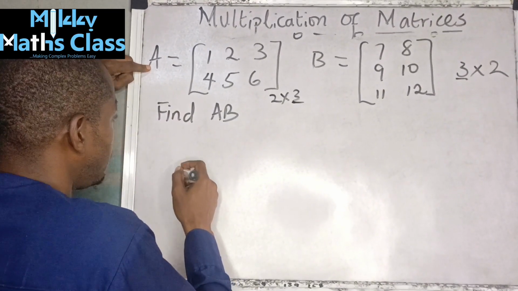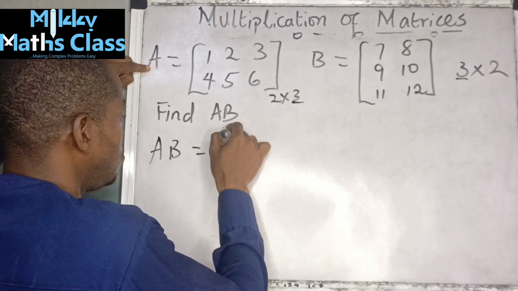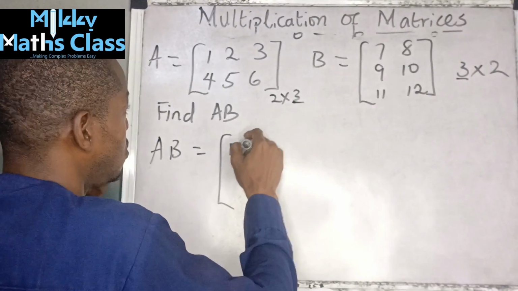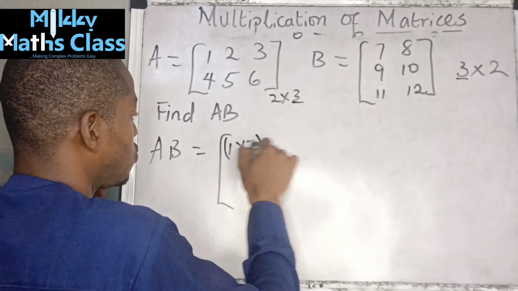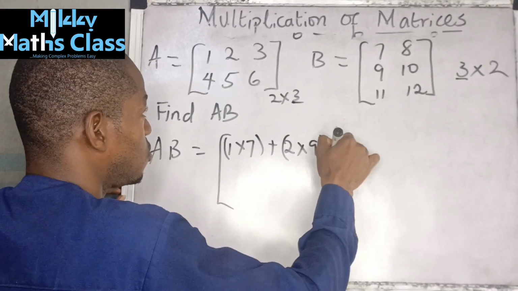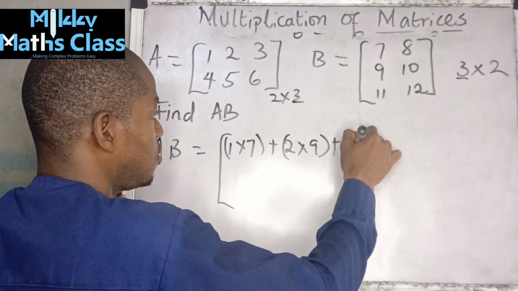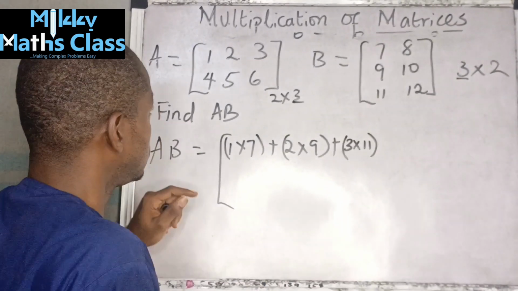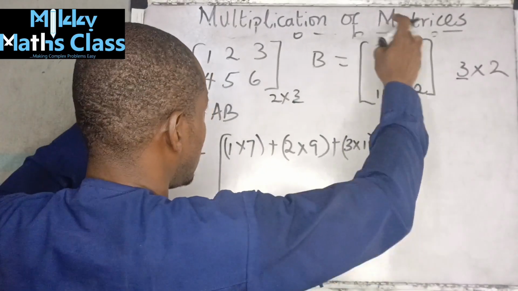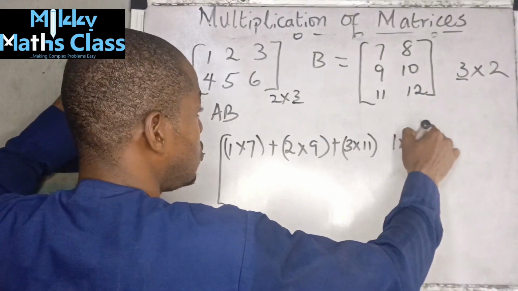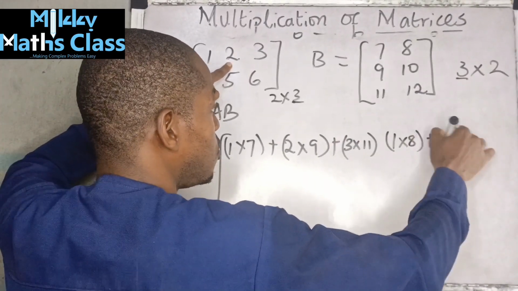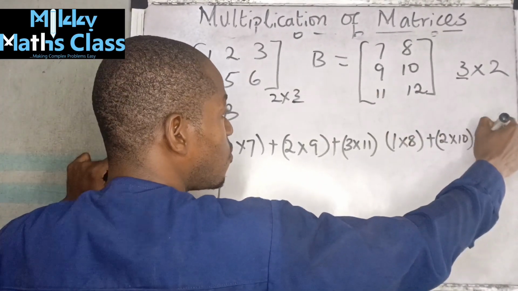So let's go. The first one, our AB will be equal to 1 times 7 plus 2 times 9 plus 3 times 11. Then we'll go again. Then 1 times 8 plus 2 times 10 plus 3 times 12.